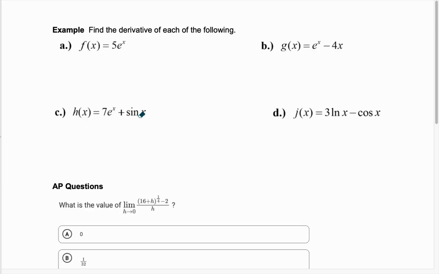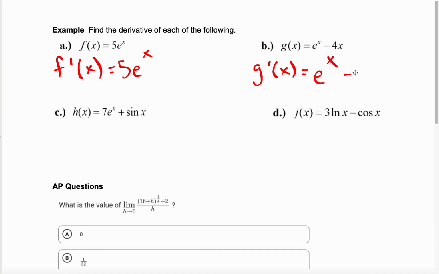Find the derivative of each of the following. Okay, so f prime of x, 5e to the x. g prime of x, derivative of e to the x is e to the x.